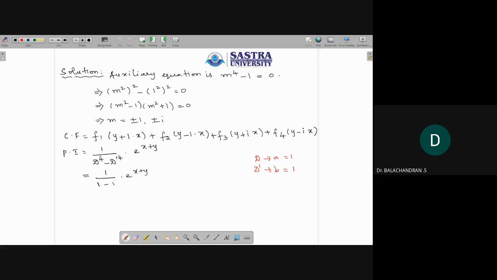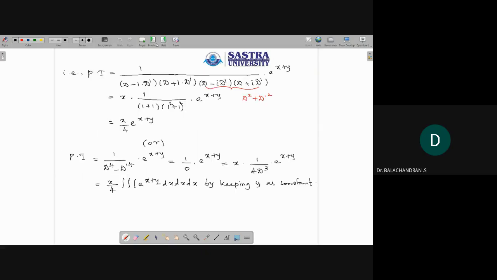Then you can write the denominator in terms of factors.